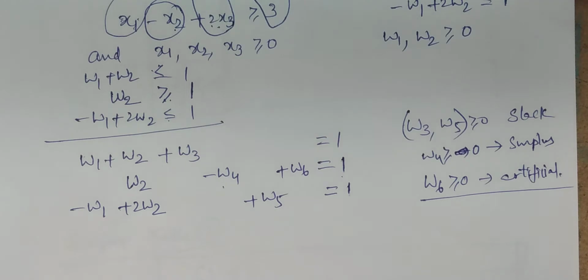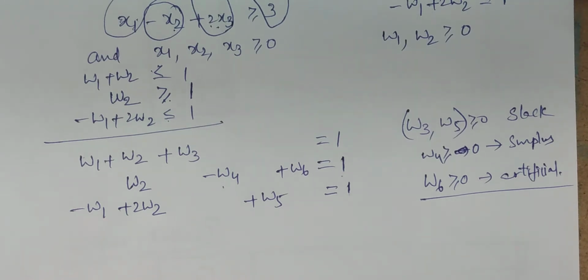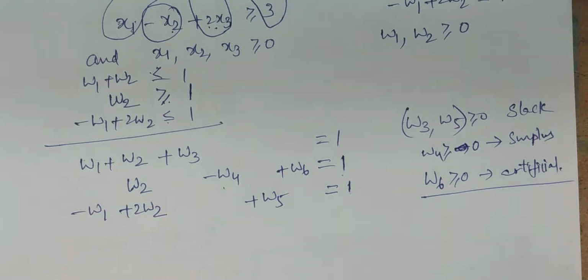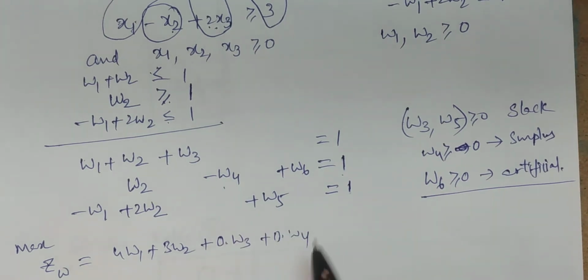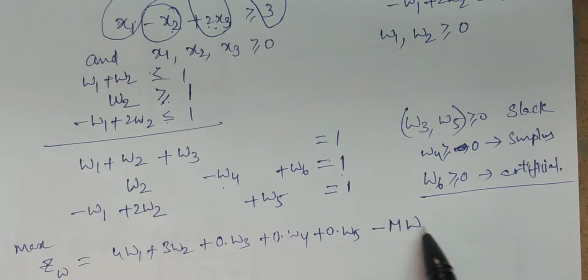You have to put the cost of this artificial variable as minus M if you use the big M method. I am using the big M method, so I am writing the cost of this particular variable as minus M. Therefore I write the modified objective function: maximize z omega, which is equivalent to 4 omega 1 plus 3 omega 2 plus 0 omega 3 plus 0 omega 4 plus 0 omega 5 minus M omega 6.